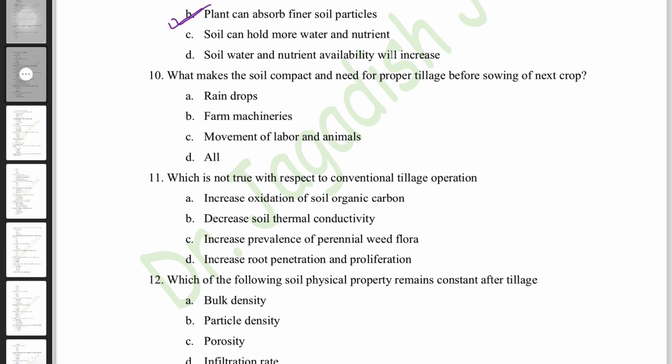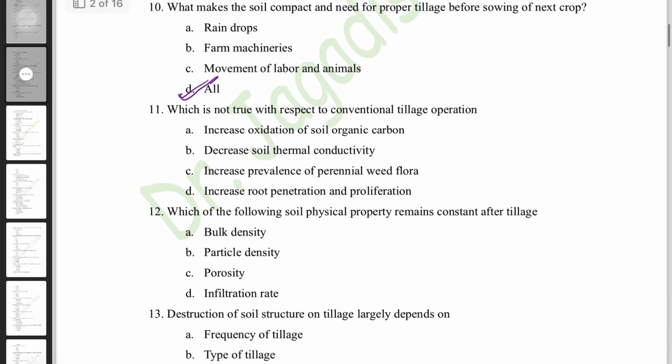That's why the live mulch and mulching concepts are there, keeping the soil under vegetation cover. So rainfall is definitely contributing to soil compaction. Then farm machinery load is also contributing to soil compaction. Then movement of labor and animals, they have certain weight, so they will also make the soil compact. So all of them contribute to soil compaction.